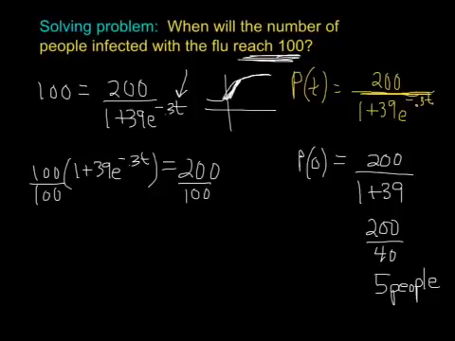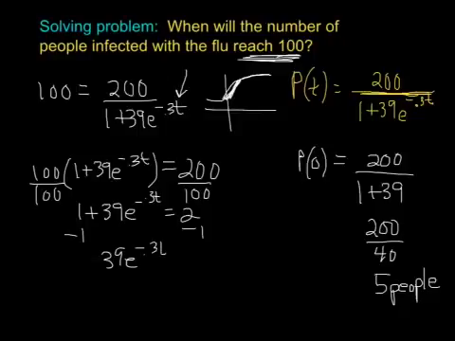I'm using inverse operations, and that will lead us eventually to a little exponential inverse as well. I will be subtracting 1 next, leaving me with 39 e to the negative 0.3t equals 1. Isolate this exponential bit, and I have 1/39.